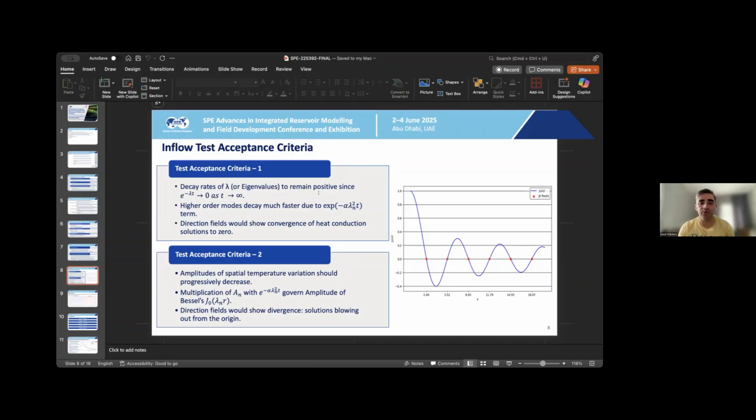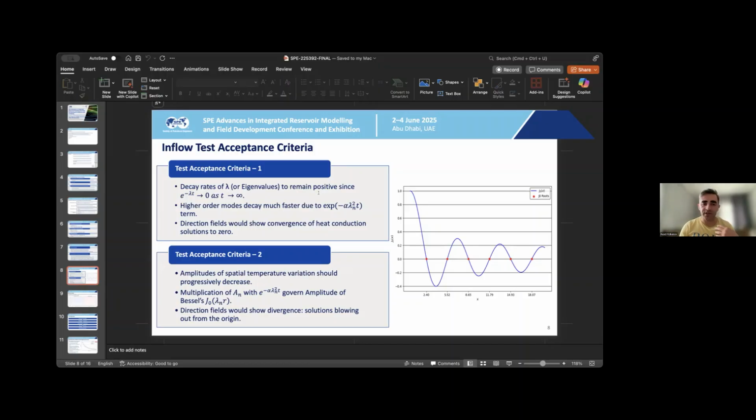So basically, to put it in non-technical terms, what we are trying to assess during the linear inflow test is: is the flow going to cease or not? I mean, that's the whole point. Usually the test takes around 4 hours minimum, 3-4 hours, and extendable up to 7-8 hours. So during this, from 3 hours to 8 hours, we are trying to see if that exponential decay function is going towards zero, or if it is just blowing up.